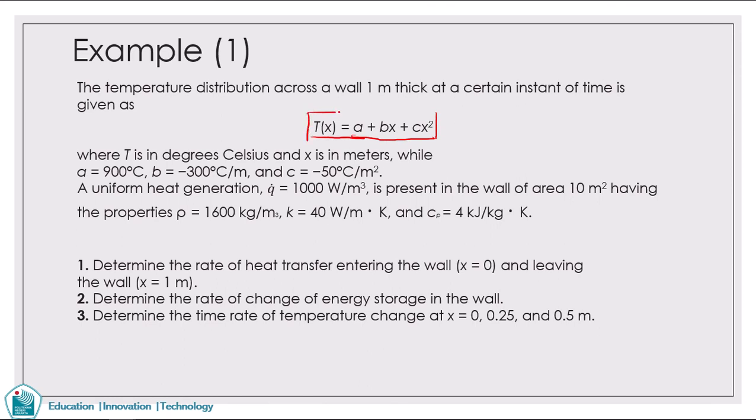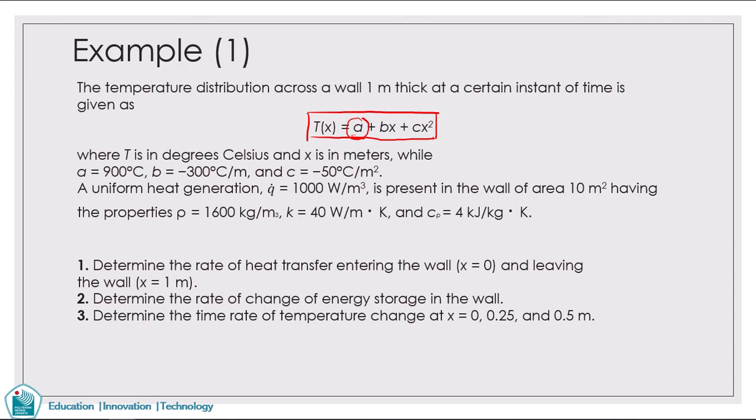Remember, this is the function of the temperature distribution, where T is in degrees Celsius and x is in meters, while the A value is equal to 900 degrees C, the B value is minus 300 degrees C per meter, and the C value is minus 50 degrees C per square meter.